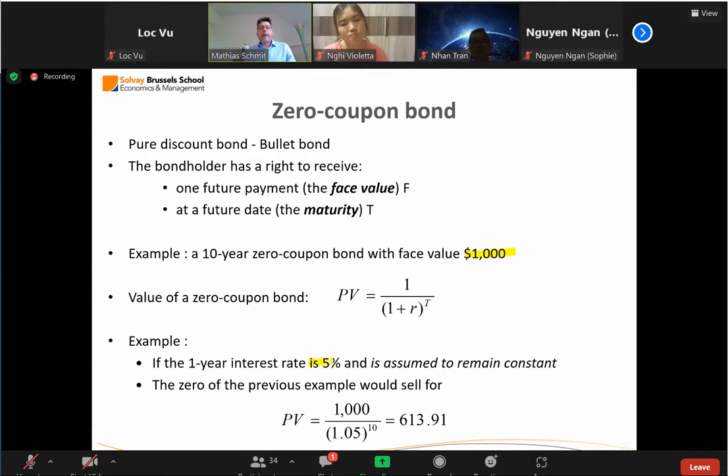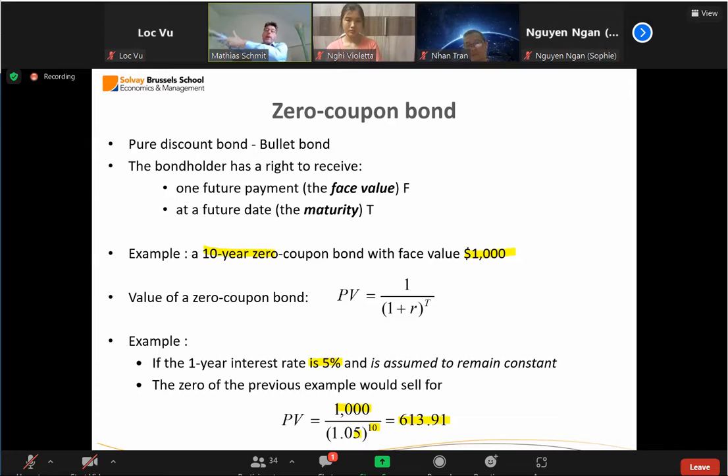If the expected rate of return is 5%, and the maturity is 10 years, the value today is 1,000 discounted over 10 years at a rate of 5%, giving the value of 630.